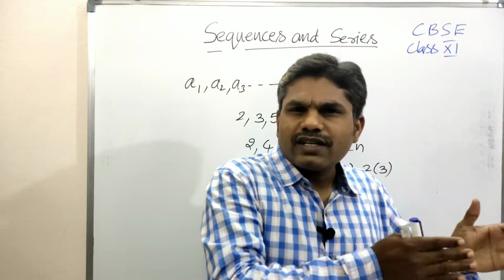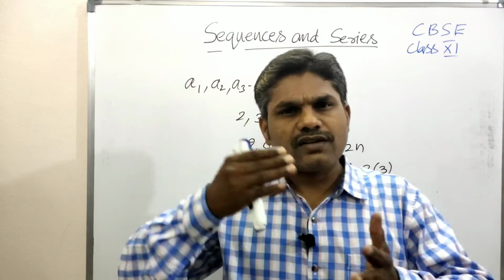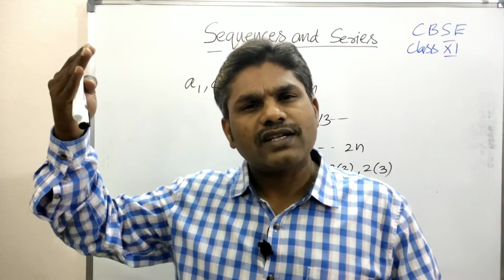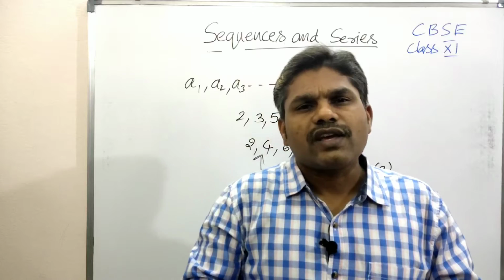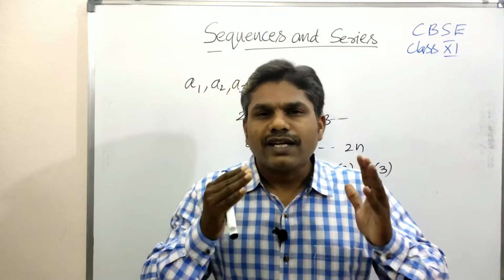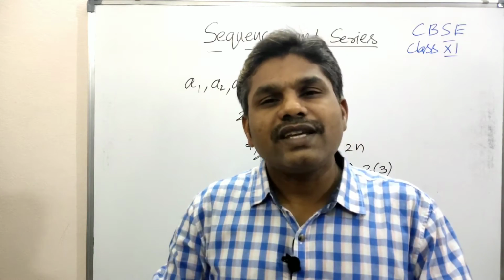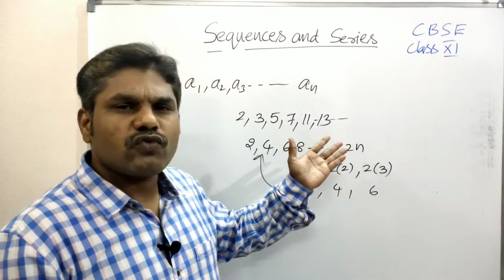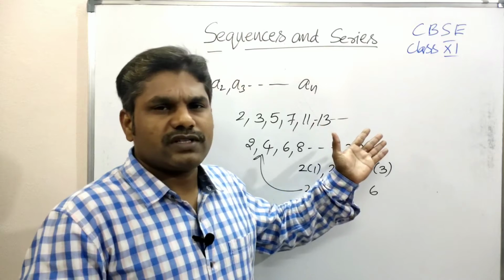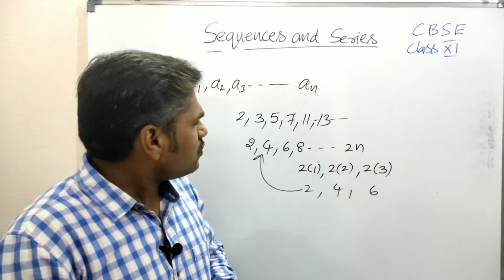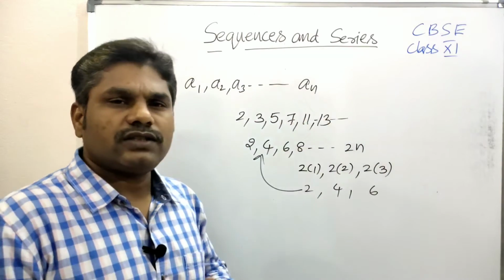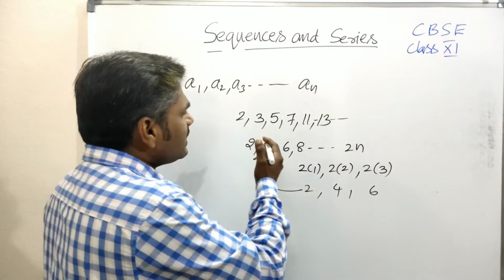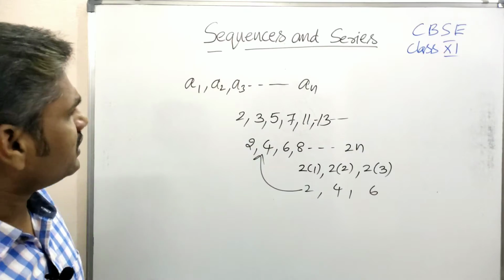No. First, it may be 1 lakh suppose, then 1.5 lakh, then 3 lakh, 4 lakh. So in this way we will have the numbers. The arrangement is according to increase. Similarly, this is also one arrangement, a definite order. So these are called the terms of the sequence: 2, 3, 5, 7, 11 and 13.